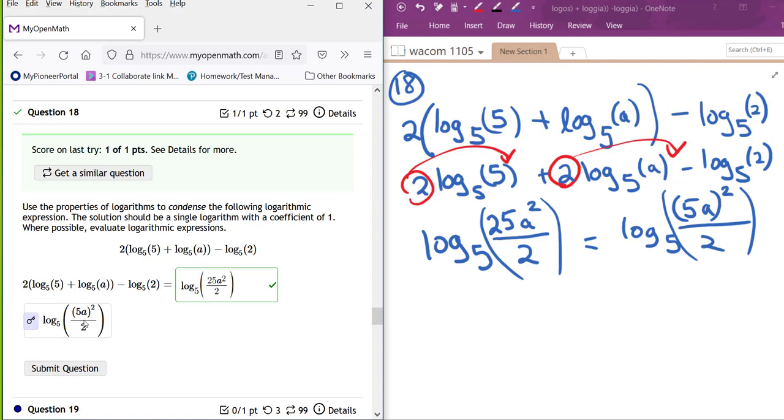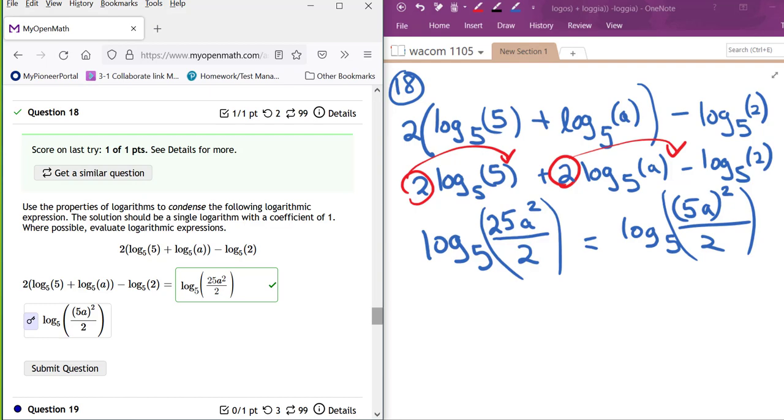In their key, they did not. They just put the 5a and then it was going to be squared. So this piece. So you could have put this part together first. The 2 logs on the inside could have gone together as a product, the 5a, and then put the exponent of 2 back. So there's different orders you could work there and get the same answer.